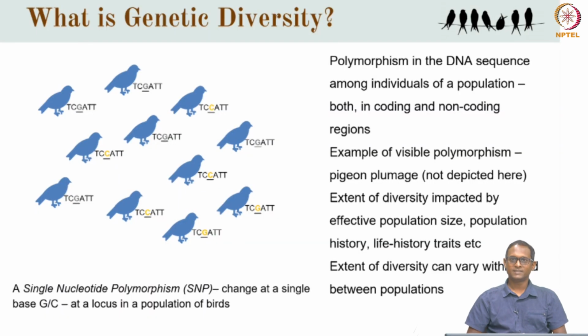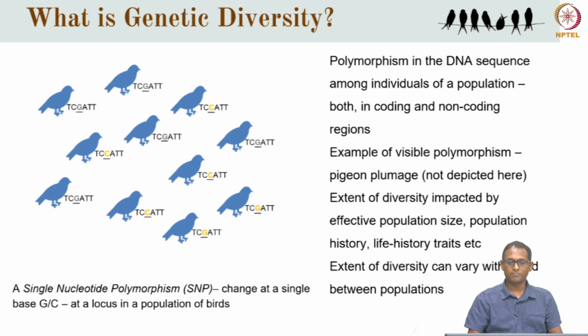So let's start by understanding what is genetic diversity. Here's a set of different imaginary birds, and these birds all have different sequences. Now we know how we get these sequences, if you remember the Sanger sequencing process.